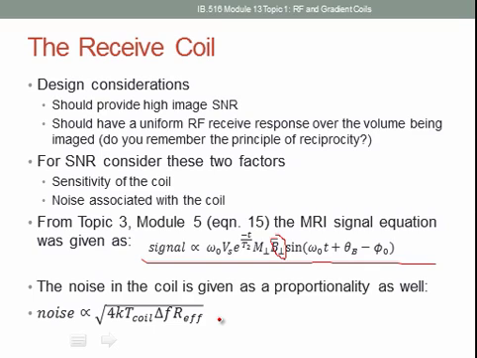The resistance that the receive coil sees is the resistance from the actual coil circuitry, the resistance of the sample itself, and the resistance of the electronics. That's what R effective is. And in most spectrometers today, that R effective term is dominated by the resistance of the sample.